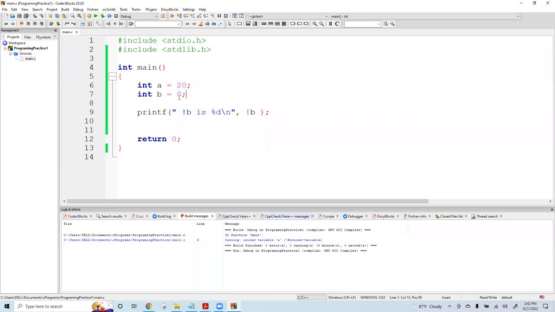In this case, P is zero, that means it is false. A is true because it is non-zero, it's 20. So A is considered as true when it comes to logical operations.